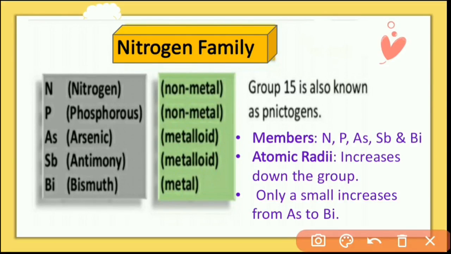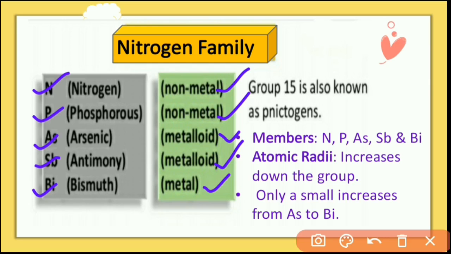Nitrogen family. Group number 15 is called the nitrogen family, and the nitrogen family elements are nitrogen, phosphorus, arsenic, antimony, and bismuth, and the metallic character increases down the group. So nitrogen and phosphorus are non-metals, arsenic and antimony are metalloids, and bismuth is a metal.